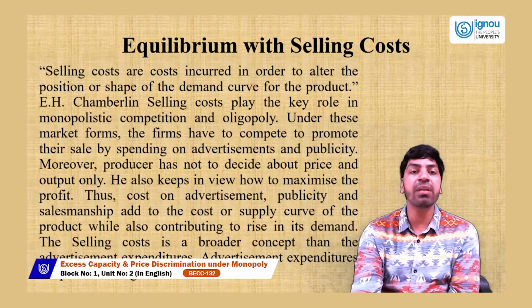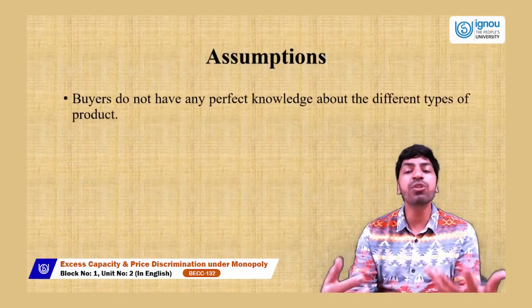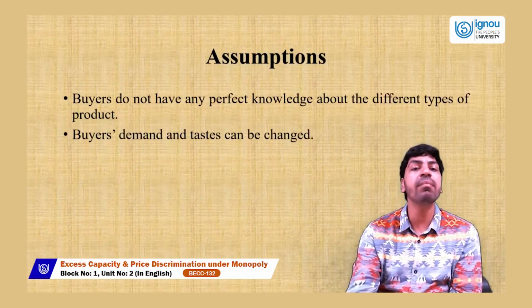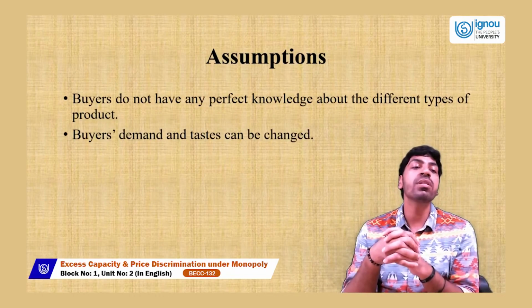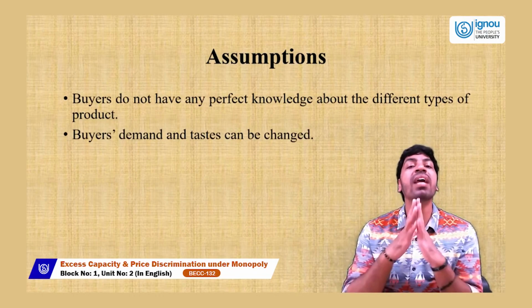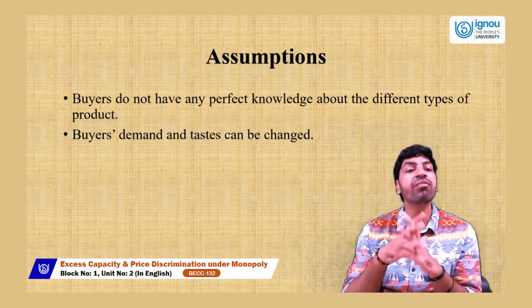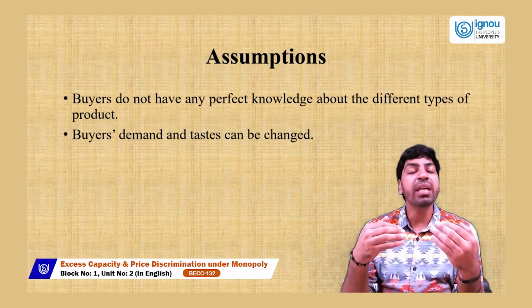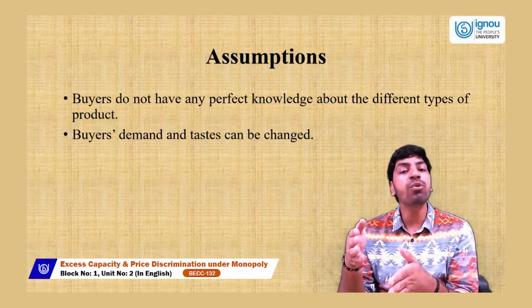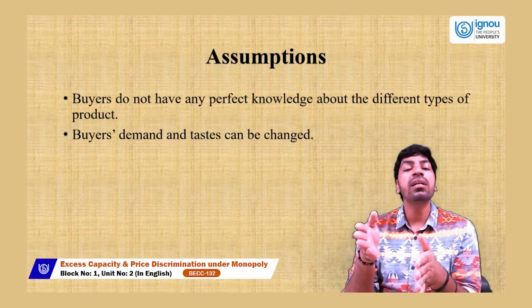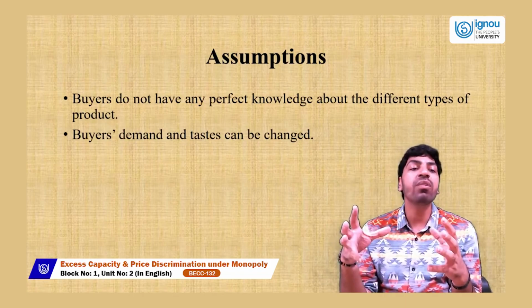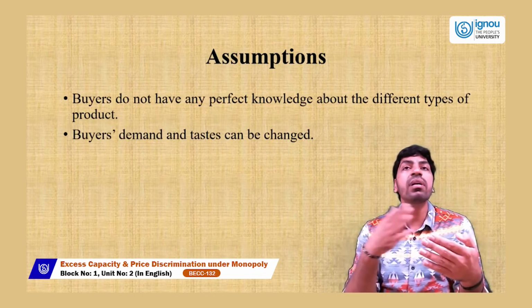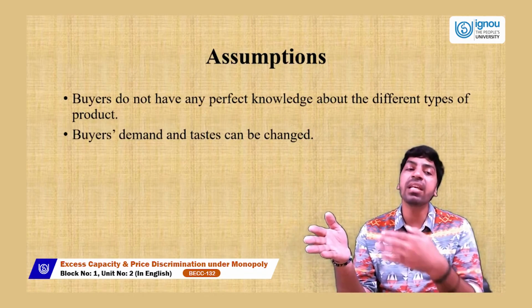So let's begin with the assumptions of this concept. There are two main assumptions. First, the buyers do not have perfect knowledge about the different types of products. So it is assumed under this selling cost framework that buyers do not have perfect knowledge about any of the products.